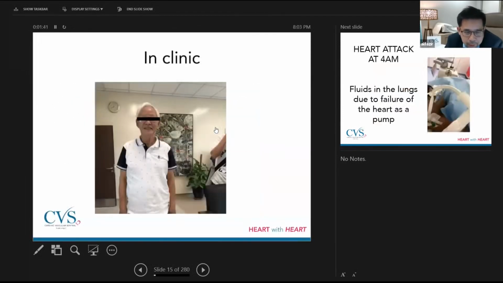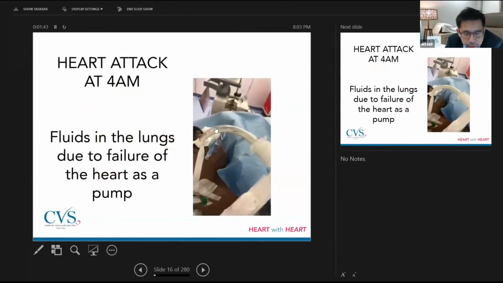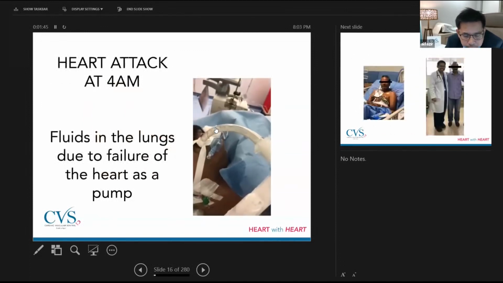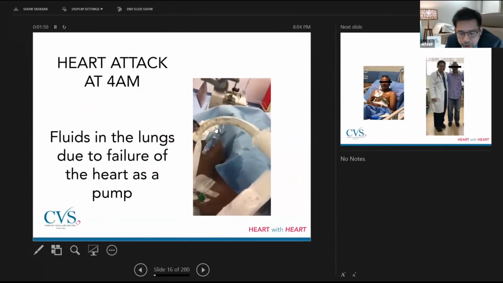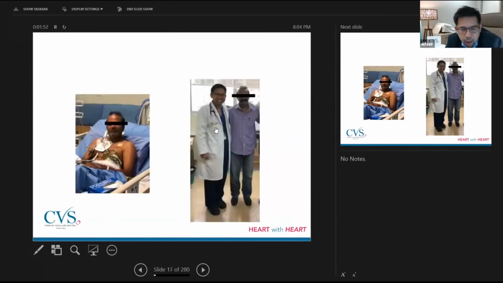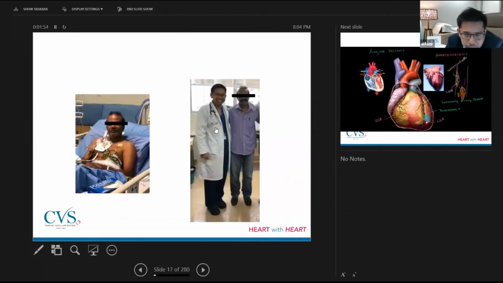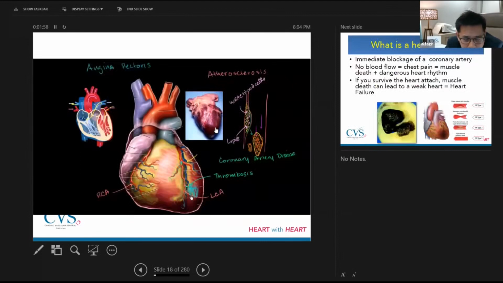He's doing very well. Another patient came in at 4 in the morning, and you can see that when the heart is really bad, his lungs are full of fluid because of heart failure. But he did very well as well, had a primary angioplasty, and is doing well in clinic. The heart is really an engine that beats from the moment we are born to the day we leave this world.